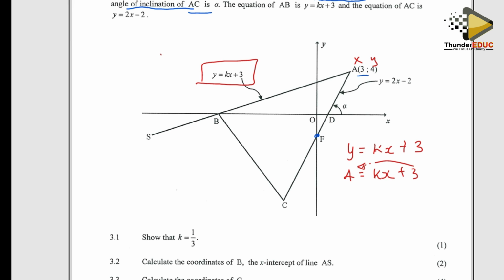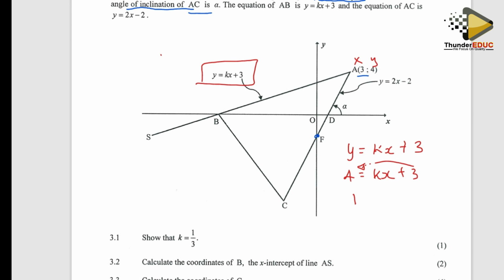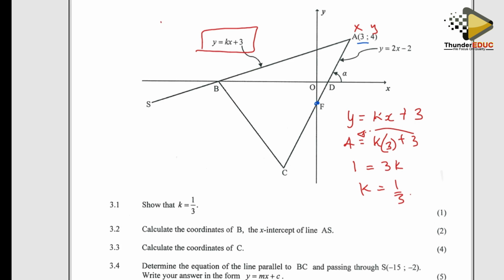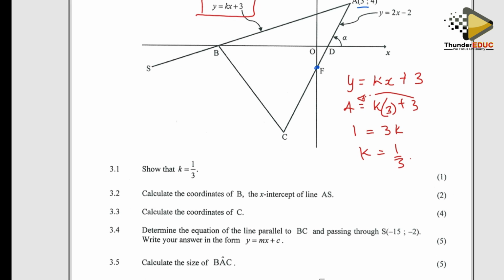I'll transpose the 3 to that side, I'll be left with a 1. Why didn't I substitute for x? I'm being careless now, okay? So this was a 3, so 1 is equal to 3K, then divide both sides by 3. So K becomes 1/3.